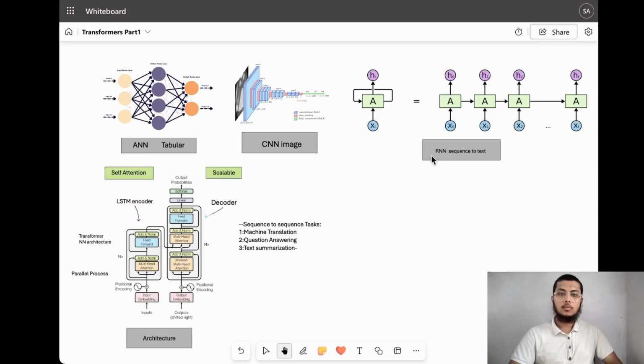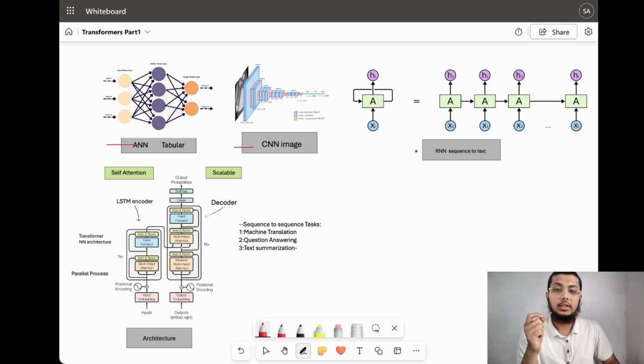You have studied ANN, you have studied CNN, and also the RNN. Right? What are these three? All three are neural network architectures, in very simple words, which are made for different types of data.